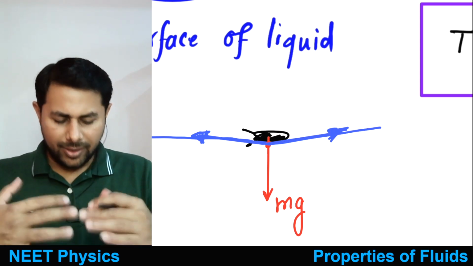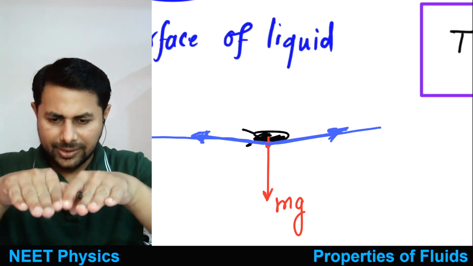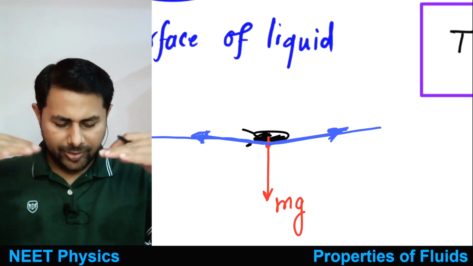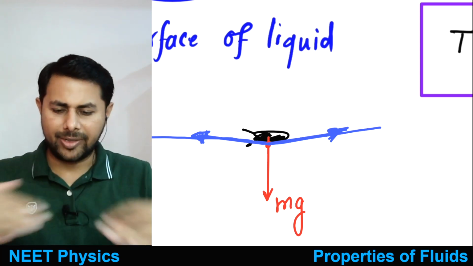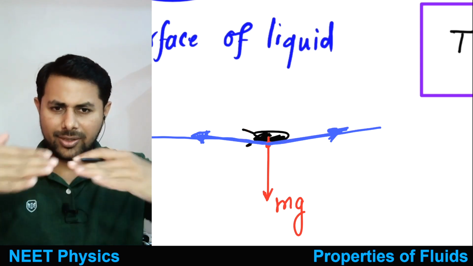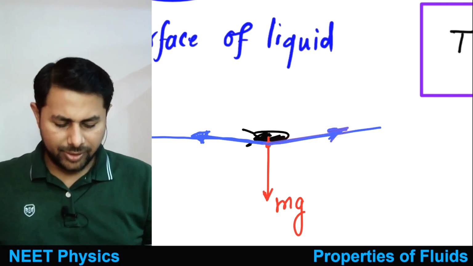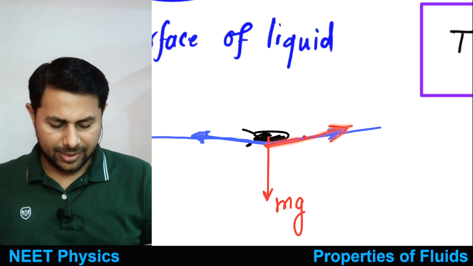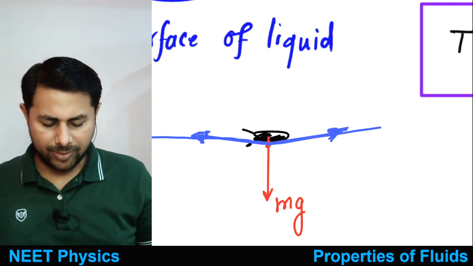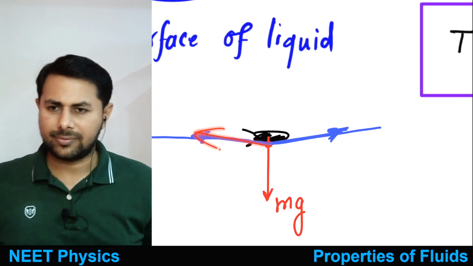Because of the weight of the insect, it bends like this, and because of that the force due to surface tension acts along the free surface of the liquid on this side, and here it acts like this.